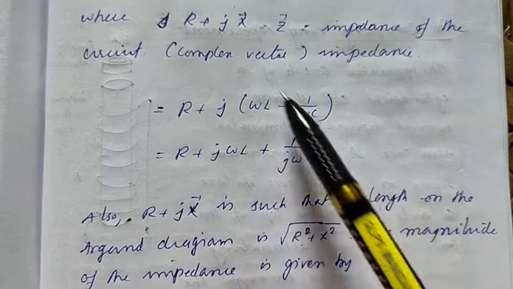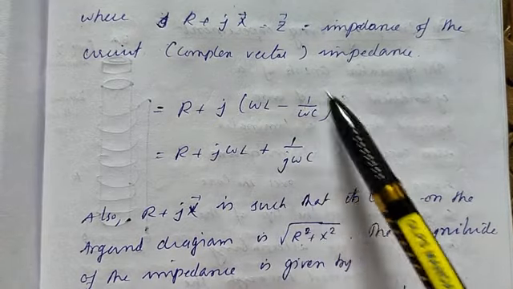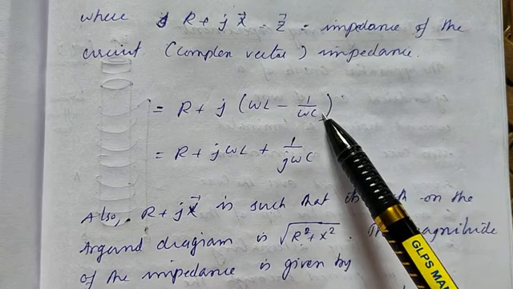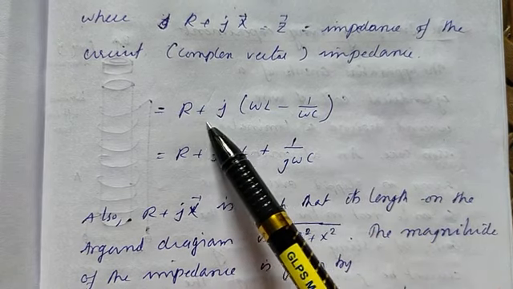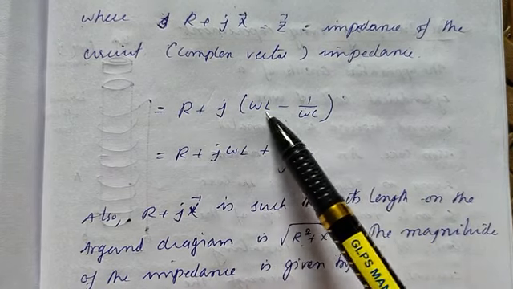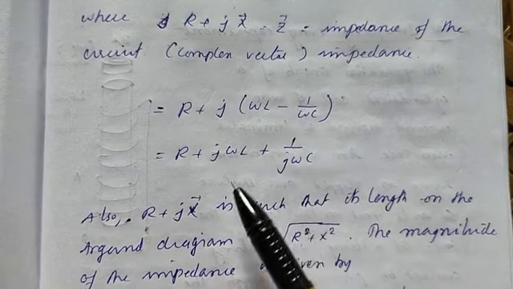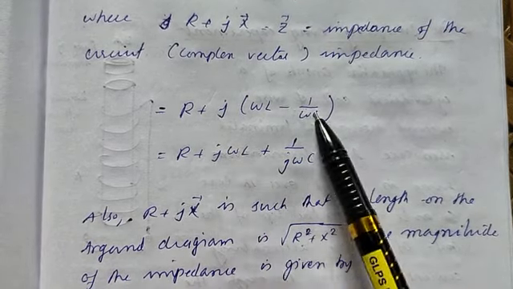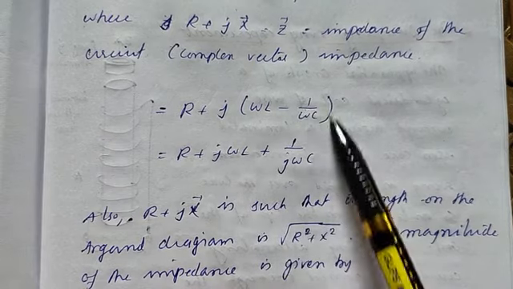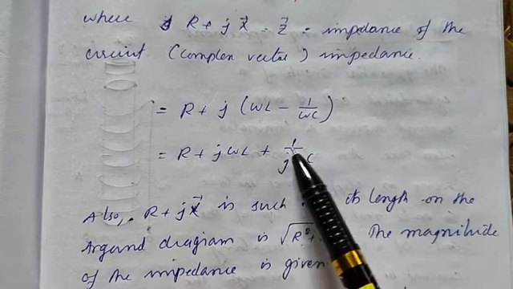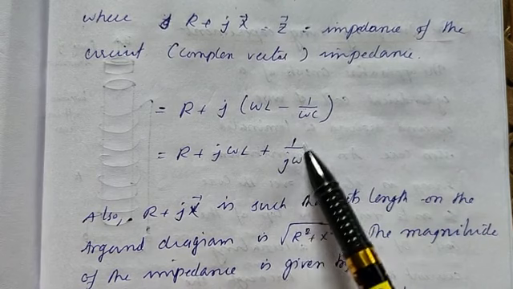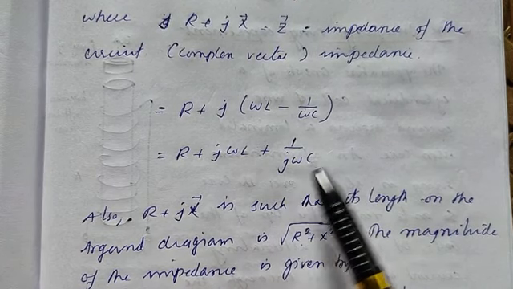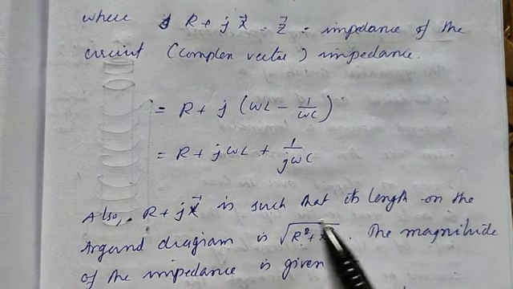So X will be a combination of the reactance offered by the inductor and the capacitor. So we can represent it as j into R plus j into these two. We are taking this j inside the bracket and expanding, so j omega L plus minus j by omega C, which can be represented as 1 by j omega C.